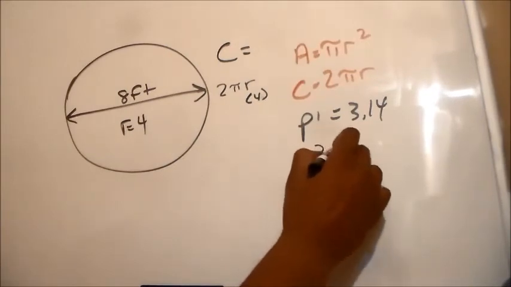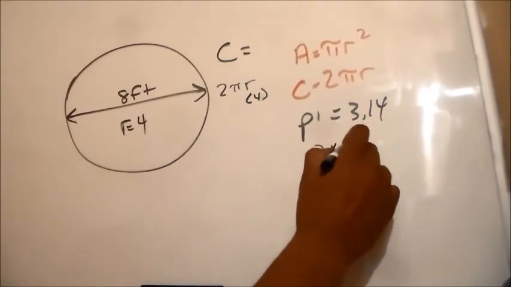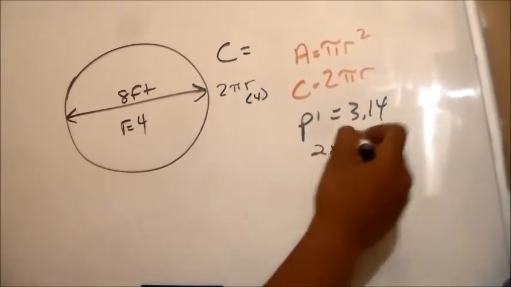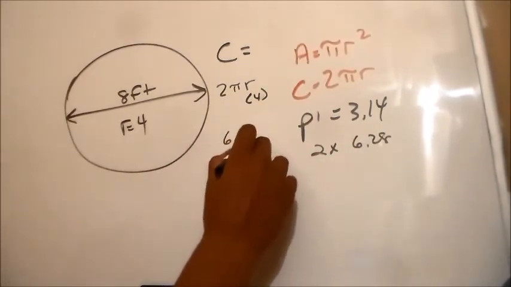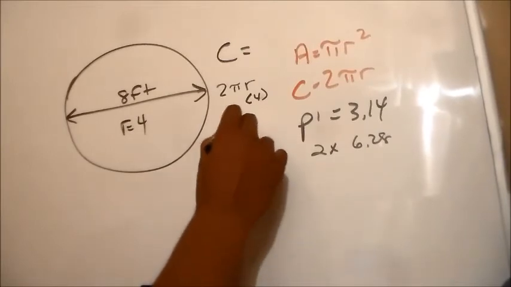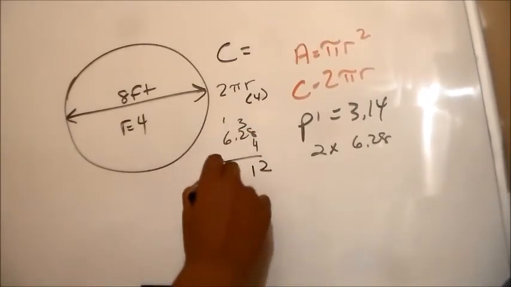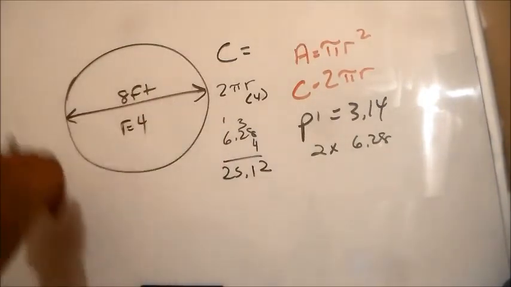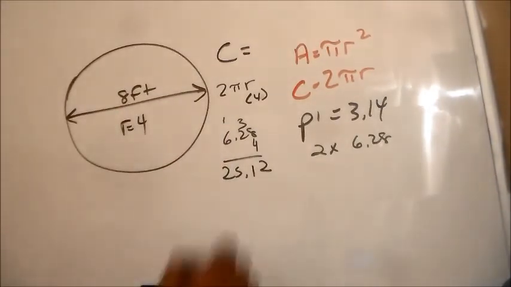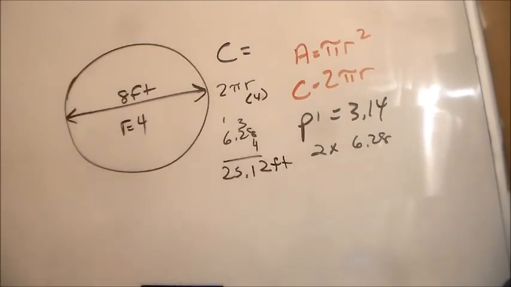If I multiply pi times 2, it's 6.28. So I'll go ahead and work out 6.28 times 4. The distance around is 25.12 feet. Okay, so that's what we got.